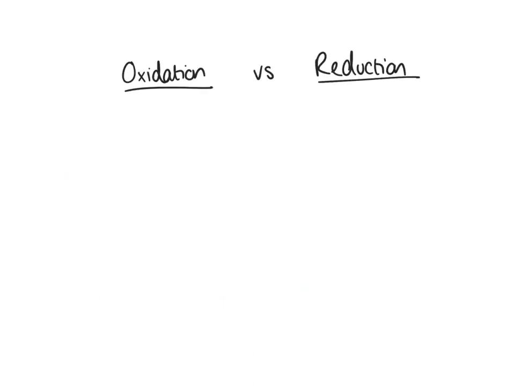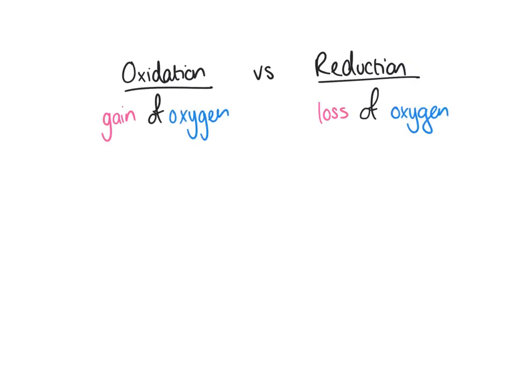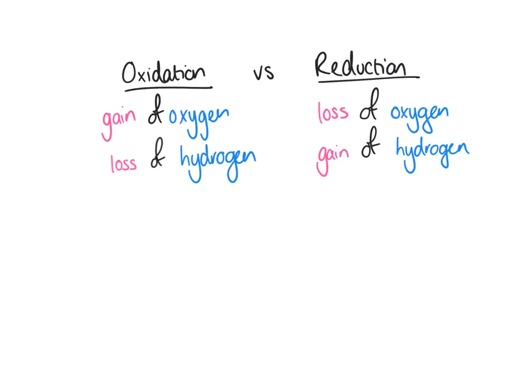So what have we learned so far? We've looked at oxidation and reduction reactions. We've looked at how oxidation is the gain of oxygen and reduction is the opposite. It's the loss of oxygen. We've also seen how oxidation is the loss of hydrogen, so it's opposite in terms of hydrogen. Oxidation is the gain of oxygen, but the loss of hydrogen. And then reduction is the gain of hydrogen.